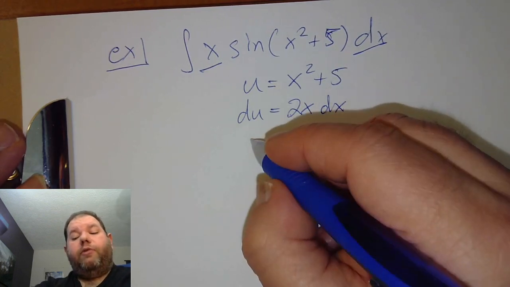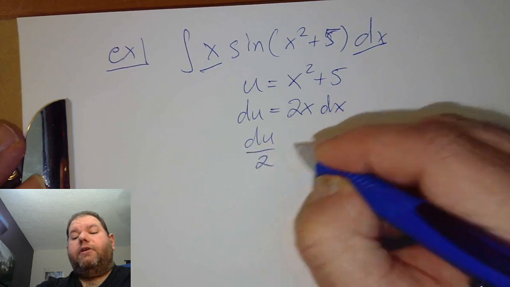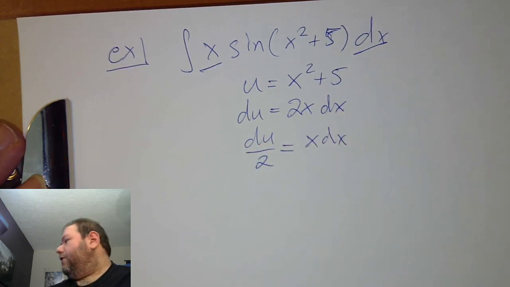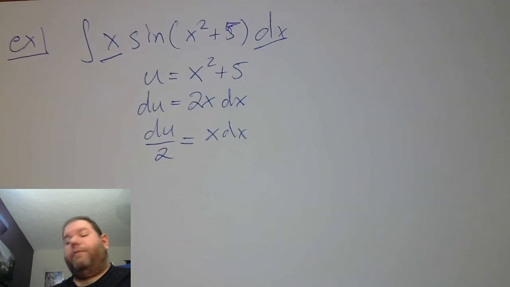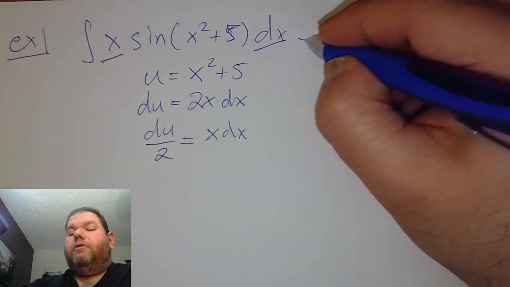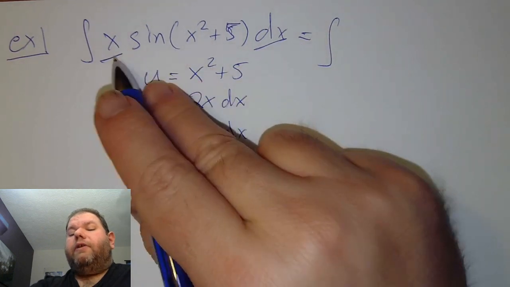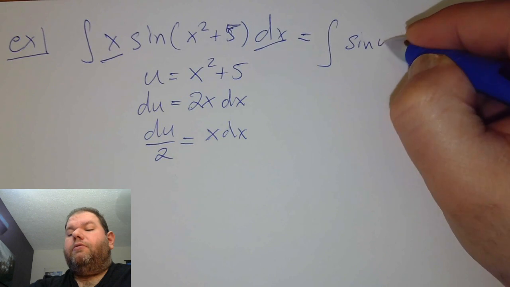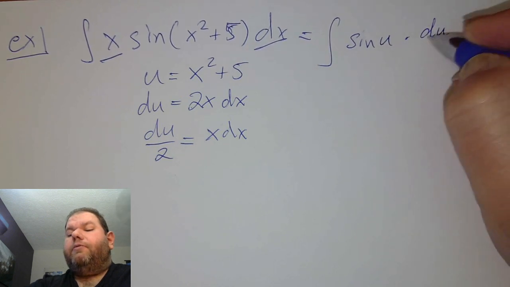The 2 we can divide over and say, du over 2 is x dx. So we'll have sine of u times du over 2.